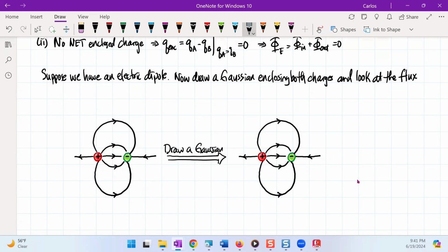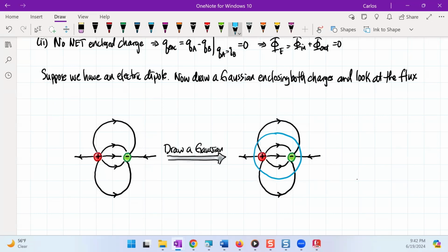As I draw the Gaussian, some of the lines are going to get covered up. So if I choose my Gaussian right here, what am I seeing with this Gaussian? Now, a Gaussian is supposed to be opaque because we want to know what's on the inside.